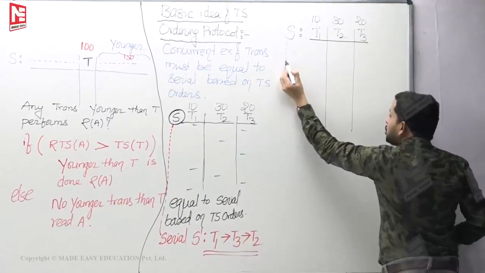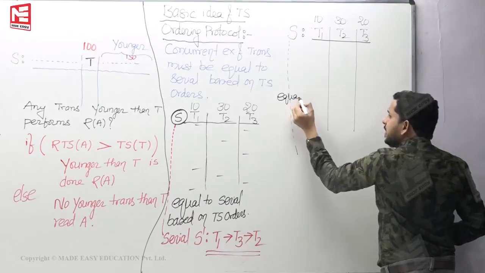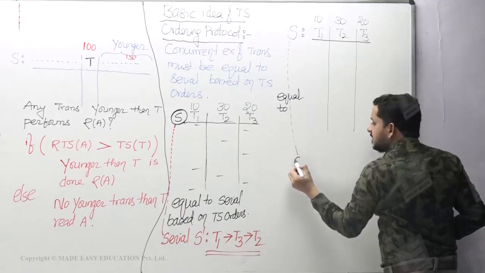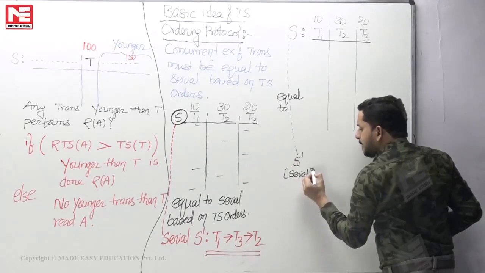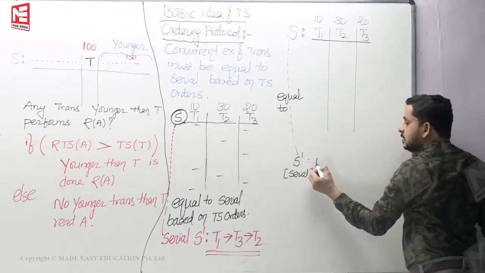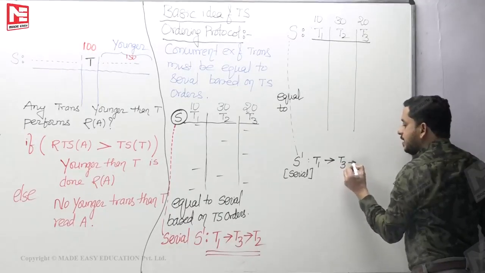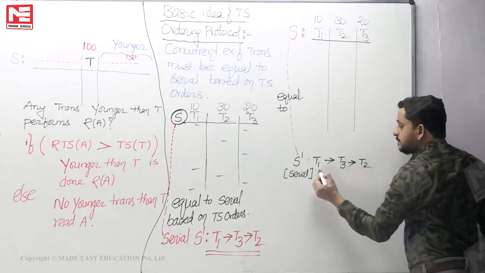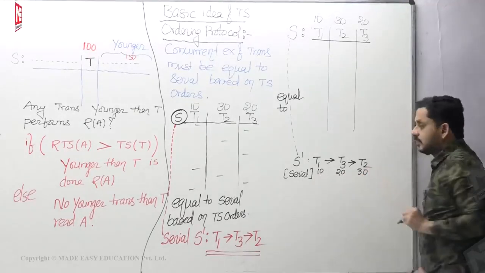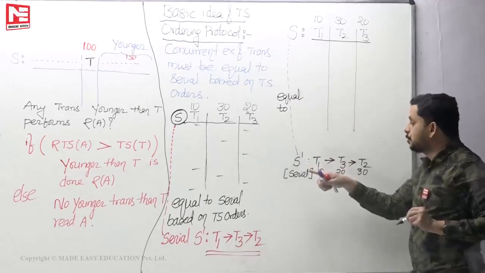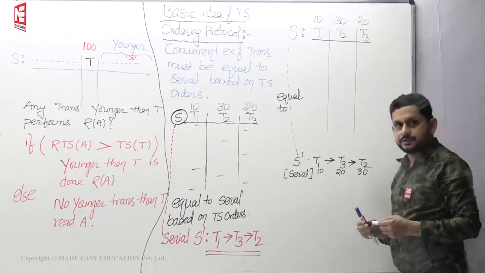The schedule should be equal to, listen carefully, S dash, the serial based on timestamp orders. What is the timestamp ordering? T1 followed by T3 followed by T2. T1 timestamp 10, T3 timestamp 20, T2 timestamp 30. The schedule should be equal to this serial schedule. Then the schedule is allowed to execute, otherwise not.